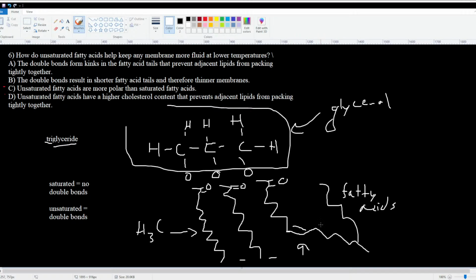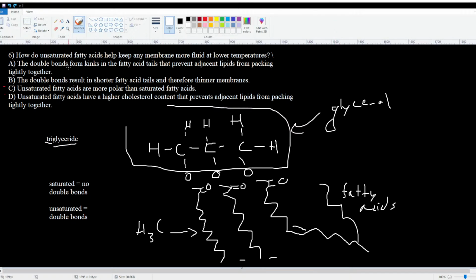Well, because it's not as dense. It's not able to compact tightly together. Of course, if you lower the temperature enough, it is going to become a solid. Yes. However, it's going to be a much lower temperature than that of a saturated fatty acid, right?